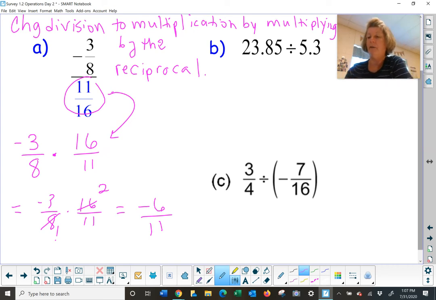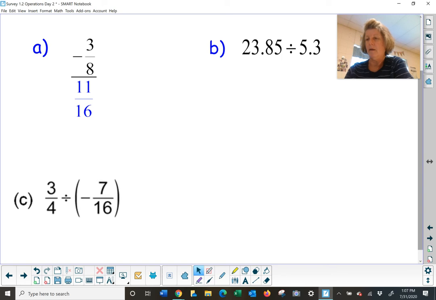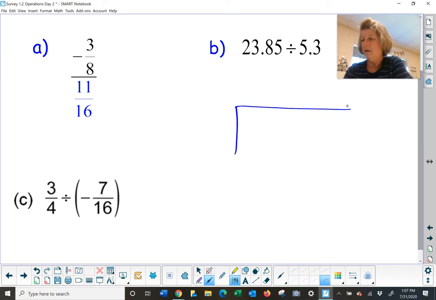Part B, 23.85 divided by 5.3. I'm going to clear my screen so I can get some space on this one. Okay, so I'm going to make my division box. 23.85 is divided by 5.3.